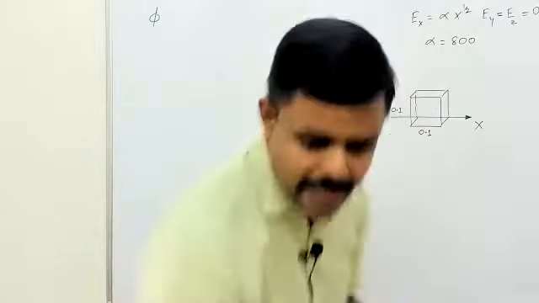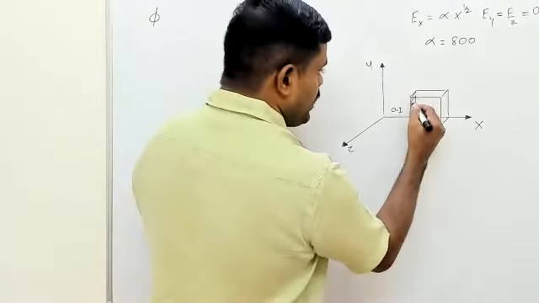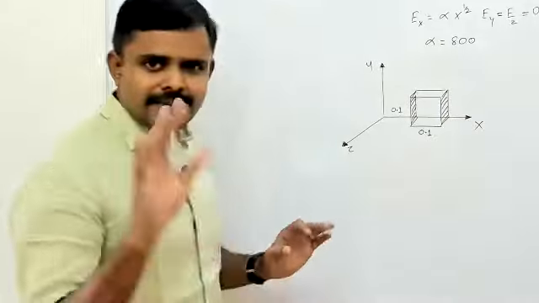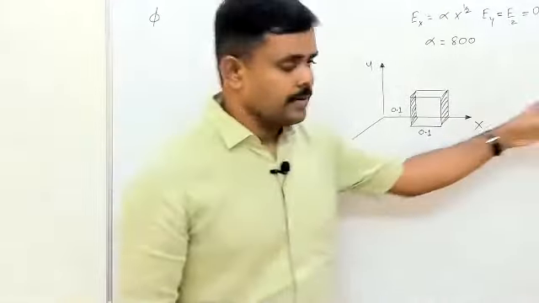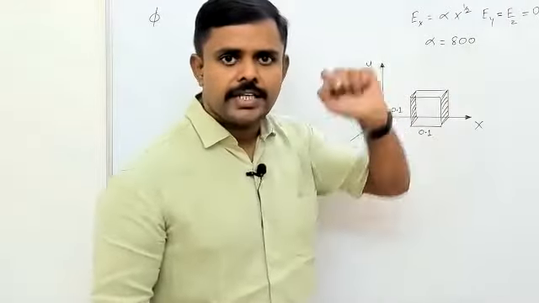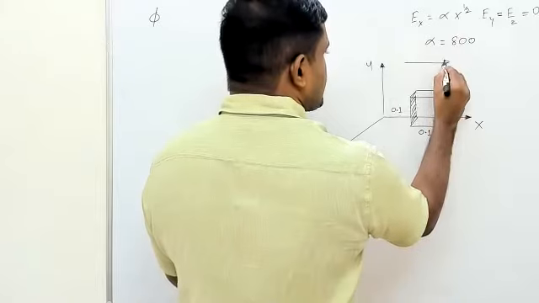That is actually common sense. I'll tell you why. Flux is there only for the left surface and right surface. Just imagine a river is flowing from left to right. Why should I say left to right? Because the electric field is only along the x-axis.